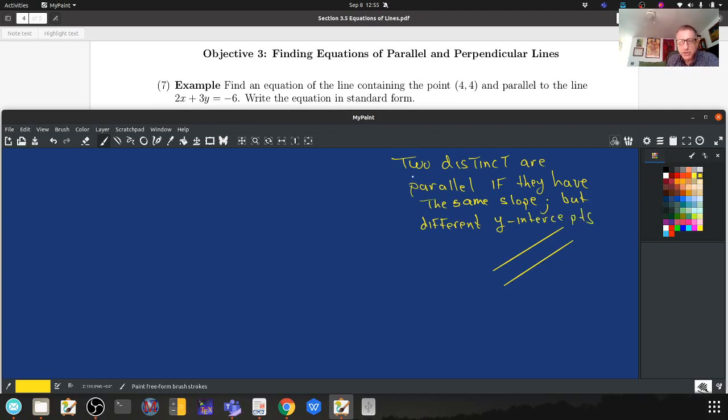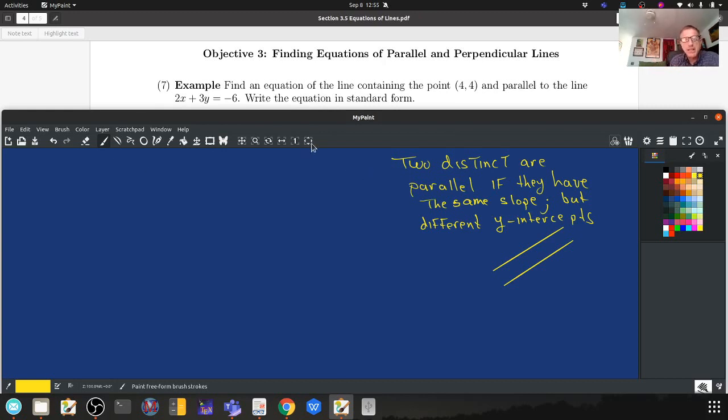And of course, every horizontal line is parallel to any other horizontal line, but in that case, it's going to have a different y-intercept. And every vertical line is parallel to any other vertical line. In this case, most vertical lines, most, not all, do not have y-intercepts. There's only one that has a y-intercept. Then you look and make sure they have different x-intercepts.